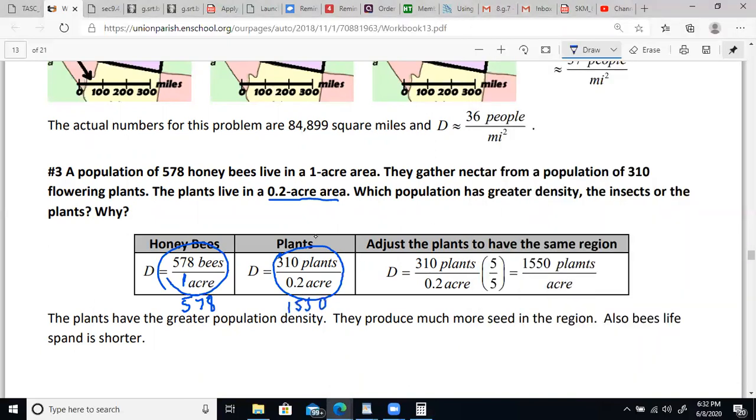So the plants have the greater density because there are more plants per little section. Now, they did it another way here where this one was in 1 acre and this was only 2/10 of an acre. So they wanted to know how many plants for every 1 acre. They readjusted and multiplied the top and the bottom by 5 so that we could do the plants per acre. But otherwise, you could just divide like I did on the calculator.